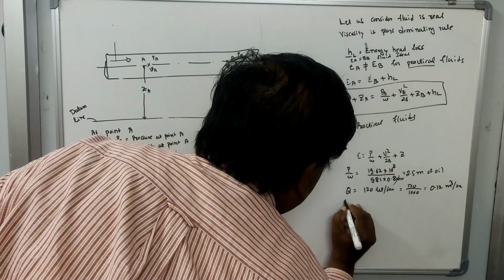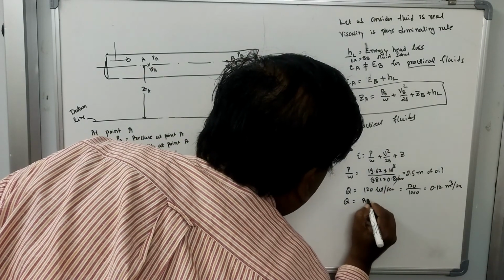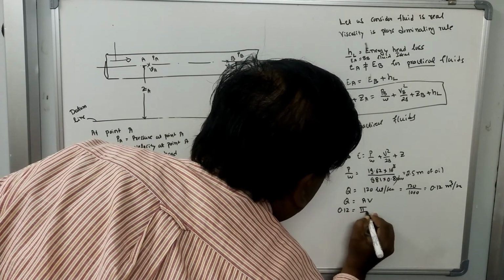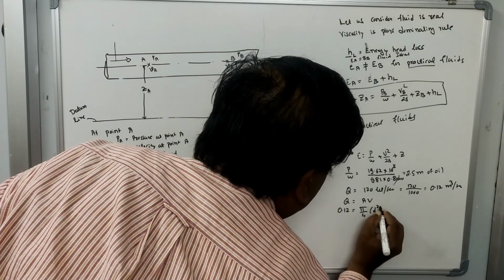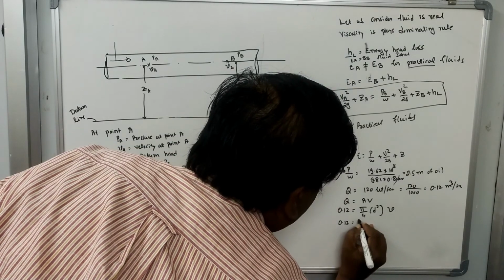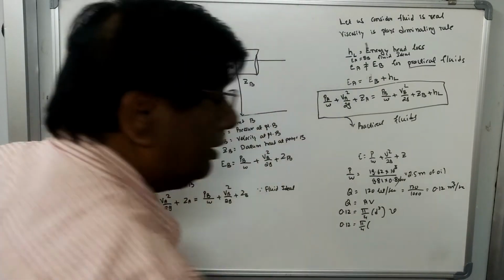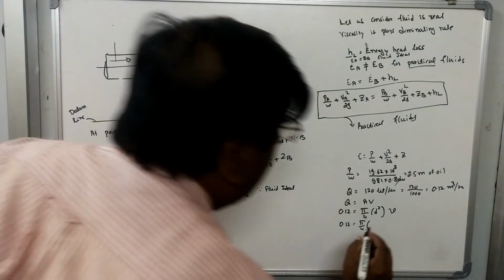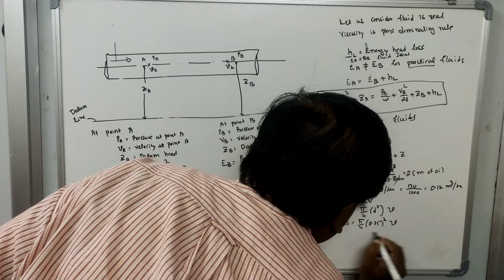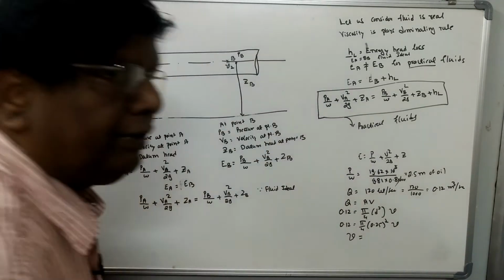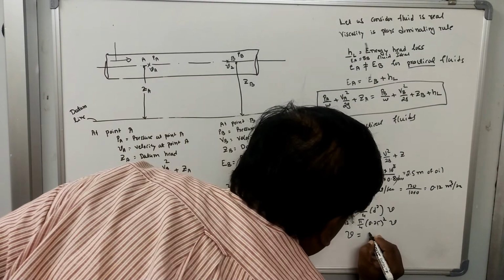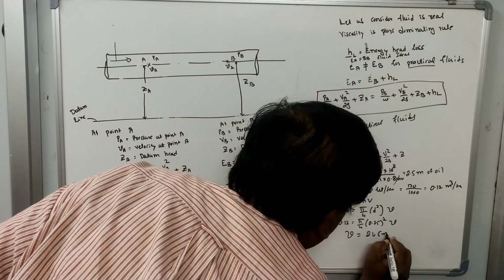So Q is equal to A into V. Q is 0.12, equal to pi by 4 d square V, where D is 0.25 square. Therefore you calculate V, and you will get 2.45 meter per second.